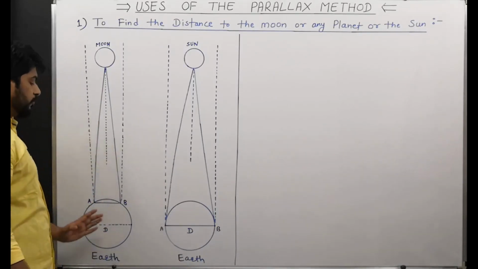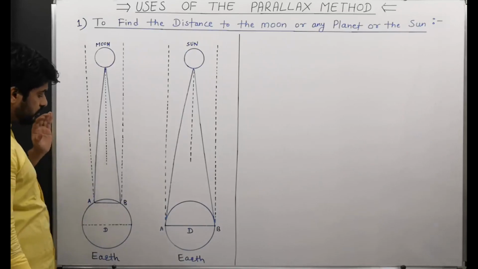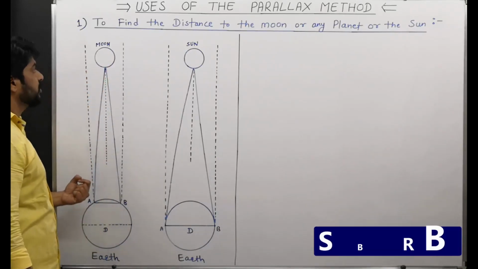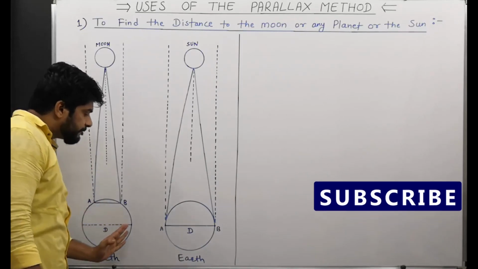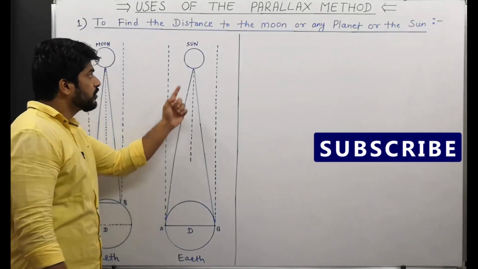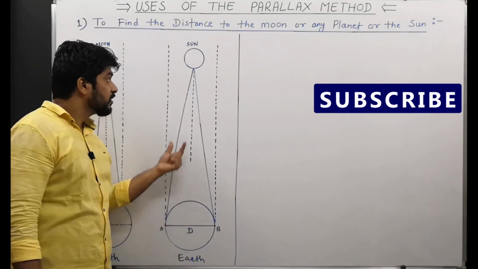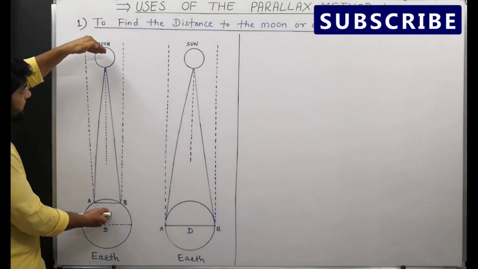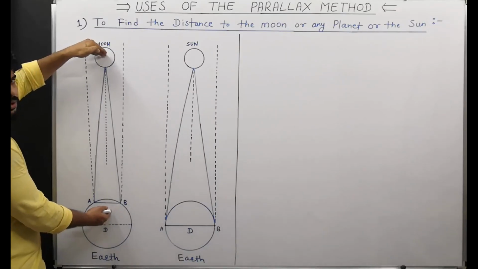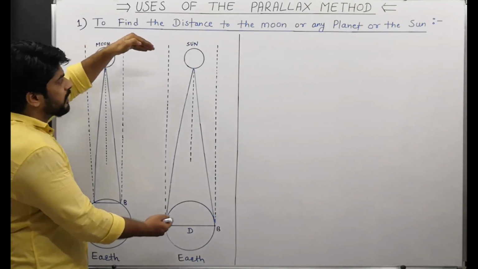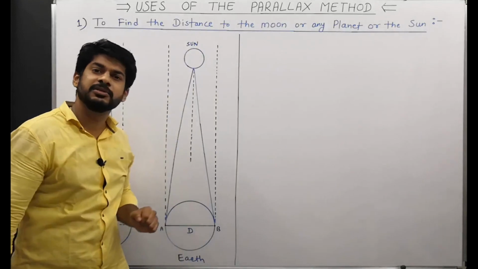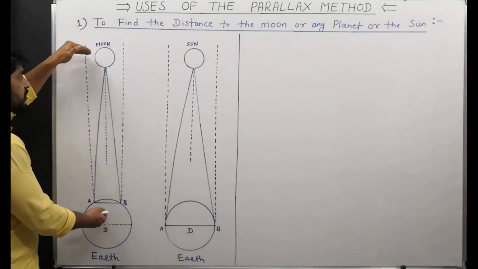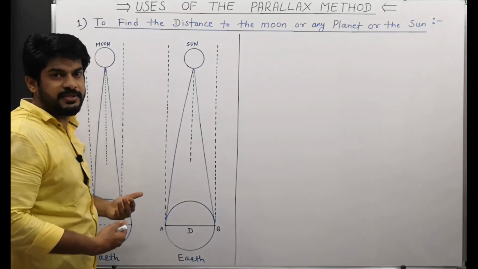Now, this is one case. I am talking about the moon here. Over here, if you look, this is the sun, or any other planet. Definitely the distance between the moon and the Earth is much smaller than the distance between the sun and the Earth, or any other planet and the Earth. Moon is the closest object to us, isn't it?